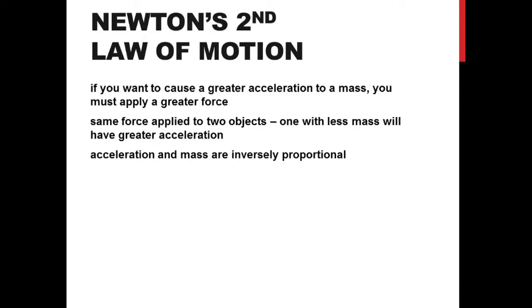Now, acceleration and mass are inversely proportional. But remember, our equation is F equals ma. Inversely proportional means that if one goes up, the other has to go down. So if I have an object and I increase the mass of the object, that means that the acceleration will go down if I apply the same force.